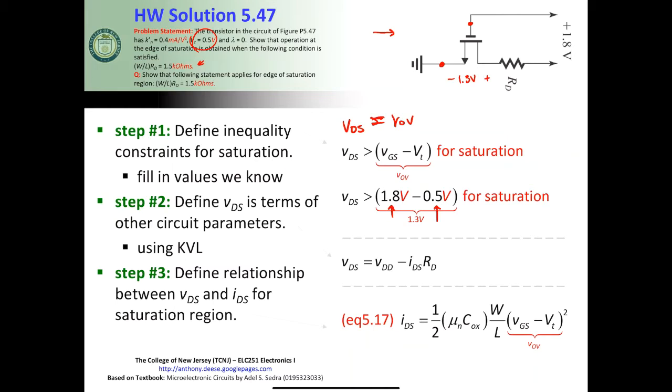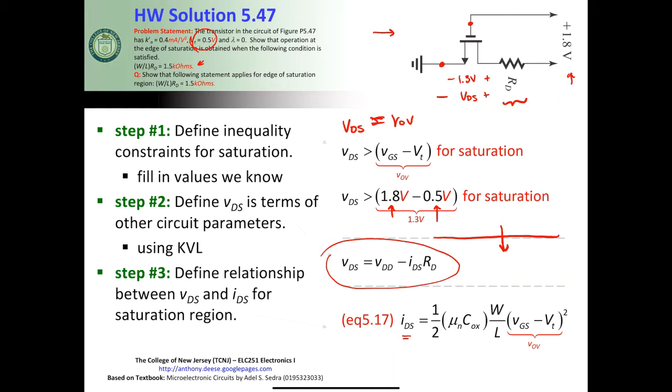We can also see that KVL will apply to this circuit as it does always. So from this point forward we're laying out the equations that we need in order to solve. VDS is equal to VDD minus the drop across the resistor. And for IDS, we're going to assume that we're in the saturation region.